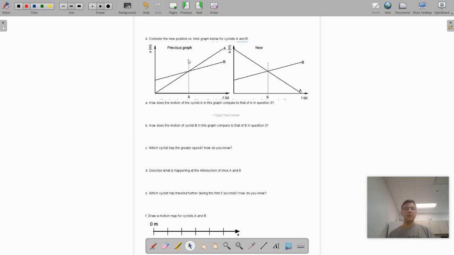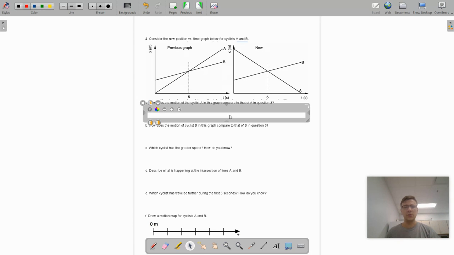Okay, so in the first graph, object A starts at 0 and moves in the positive direction. And in the second graph, object A starts at some positive position and moves backwards towards 0. Okay, so that's what you're going to want to put in here.